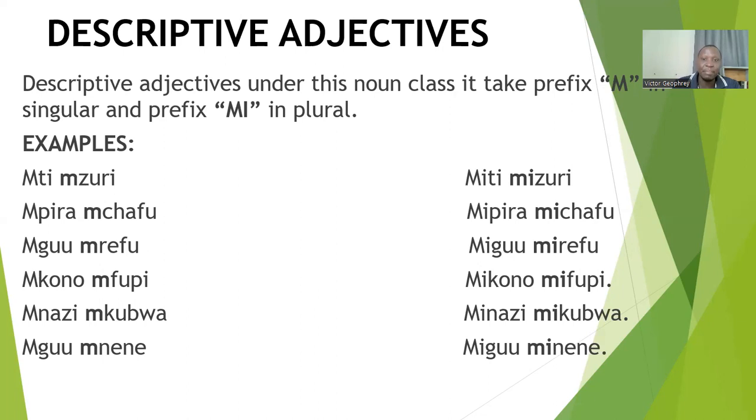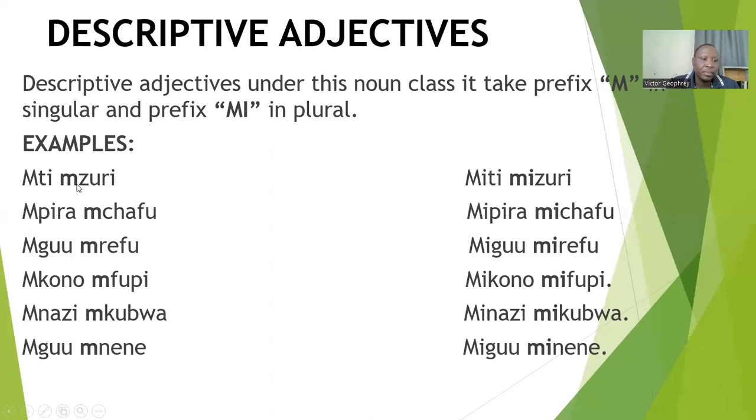Then the principle is one. You take the root of that descriptive word. If it is singular, you add the prefix "m" on the root of that descriptive word, and if it is plural, you add the prefix "mi" on the root. For example, there is zuri.